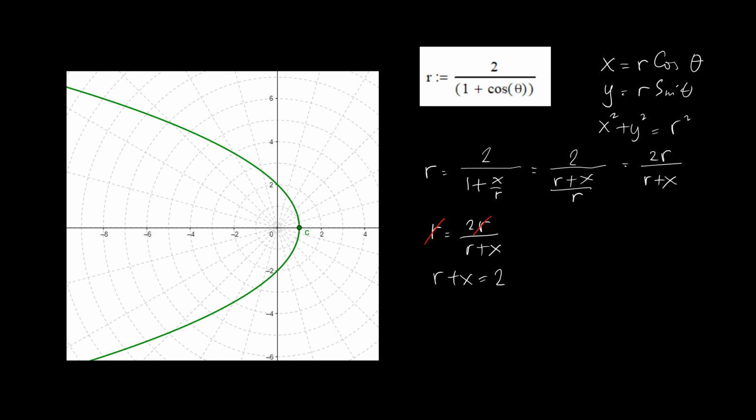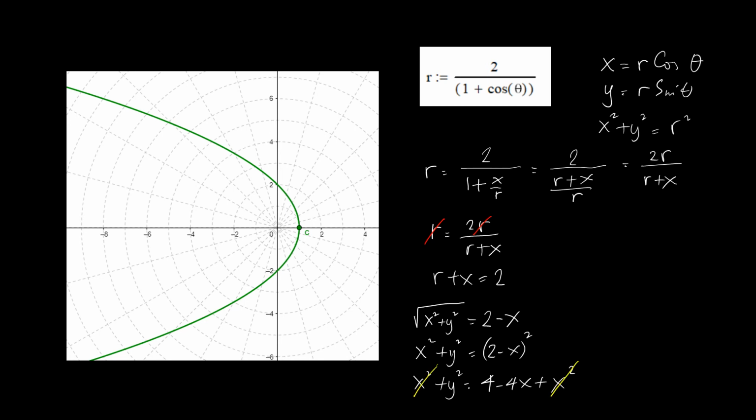And our r is equal to the square root of x squared plus y squared. Then let us transpose x to the left side, so that will be negative x. And squaring both sides, we'll be getting x squared plus y squared equal to the quantity 2 minus x, squared. Let us expand the right side. That will be 4 minus 4x plus x squared. Now we can cancel x squared.